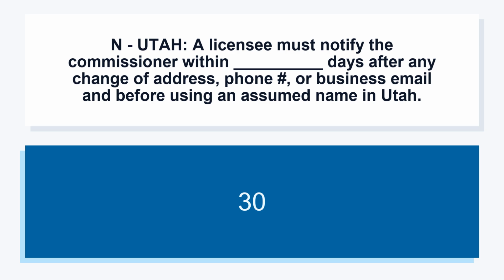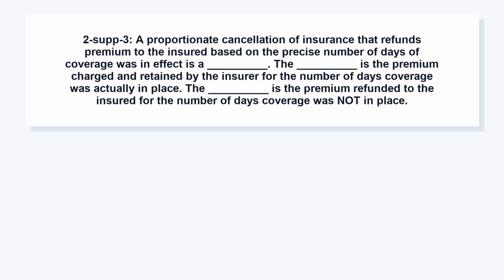A proportionate cancellation of insurance that refunds premium to the insured based on the precise number of days coverage was in effect is a ___. The ___ is the premium charged and retained by the insurer for the number of days coverage was actually in place.